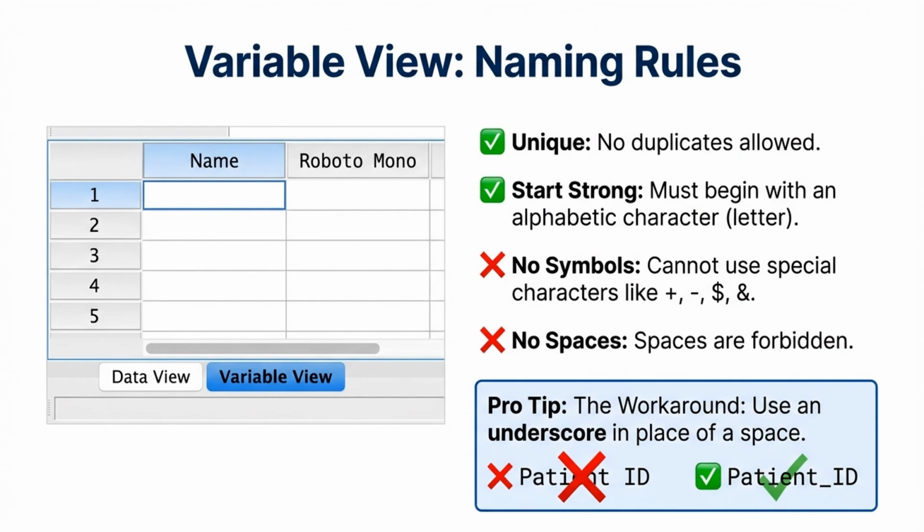Pro tip, the workaround: use an underscore in place of space. Patient space ID is wrong; the correct one is patient underscore ID.